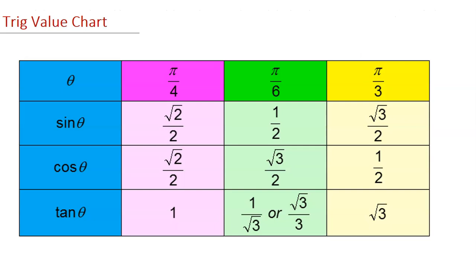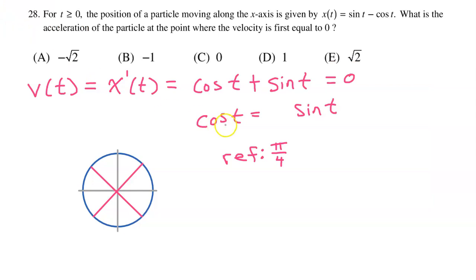I'm hoping that you memorized every value on this chart a long time ago. Notice that the sine of pi over 4 is radical 2 over 2, and the cosine of pi over 4 is also radical 2 over 2. So, pi over 4 is the value where sine and cosine have the same answer. So cosine is equal to sine at pi over 4.